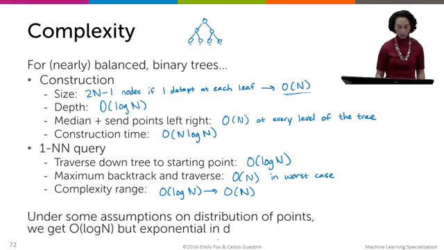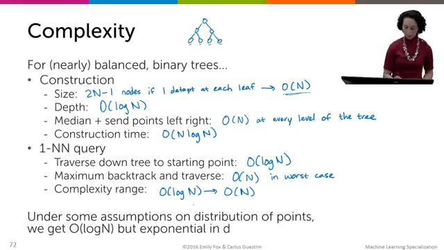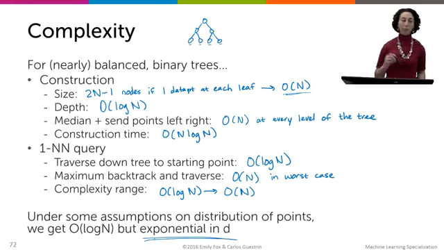Okay, so under some assumptions about the distribution of points, so things that don't look like that really elegant circle that we had before, we can get things that have on the order of log n distance computations per query that we're looking at, but the number of inspections we have to do can be exponential in D, the number of dimensions.